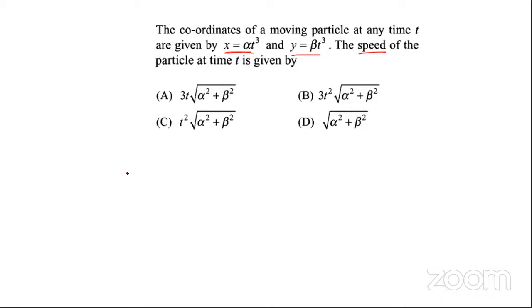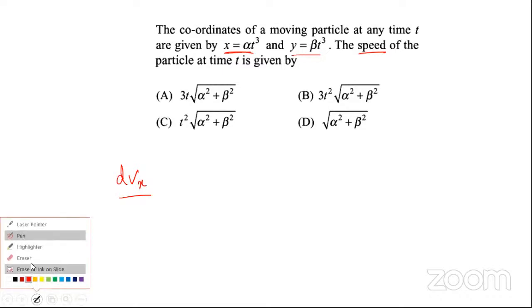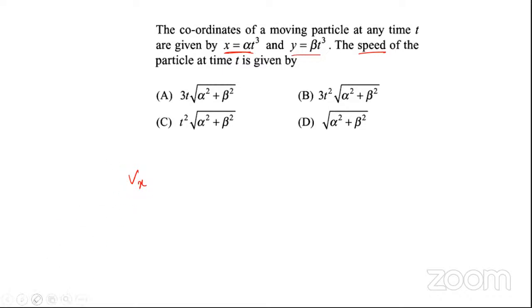So we can find the velocity in two different components, that is for x, oh sorry, not dv. Vx will be dx by dt and Vy will be dy by dt.